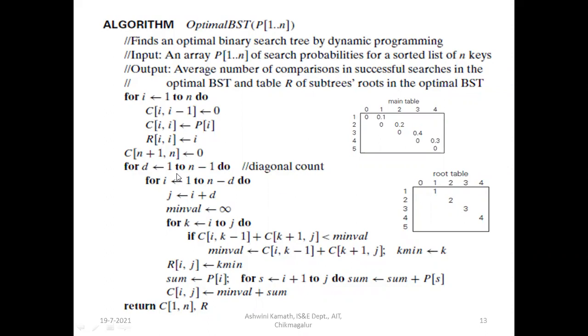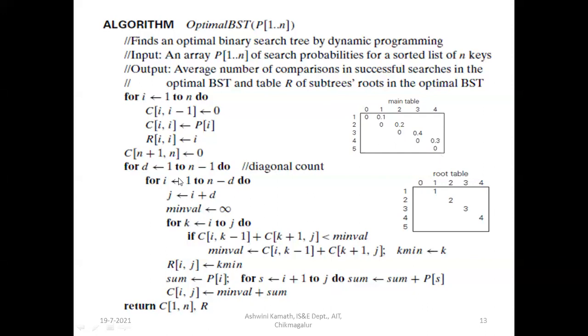Then C of n plus 1 comma n is equal to 0. This last row and last value is equal to 0.